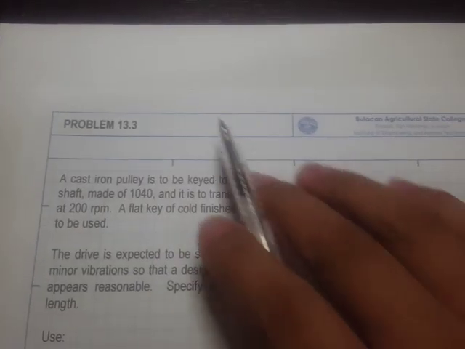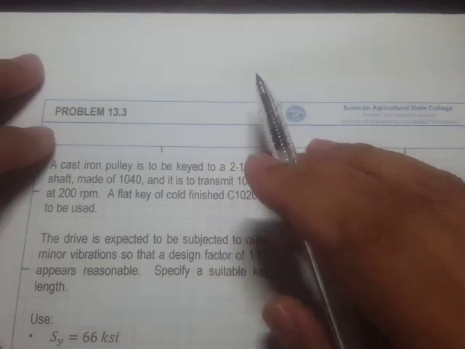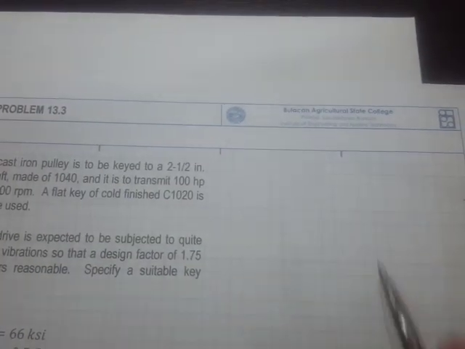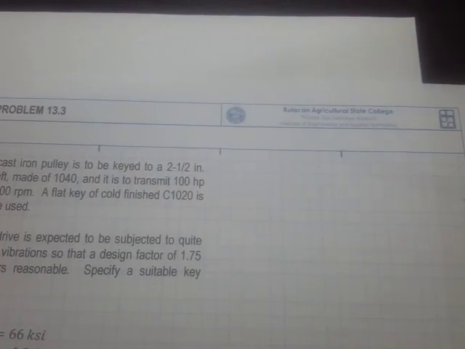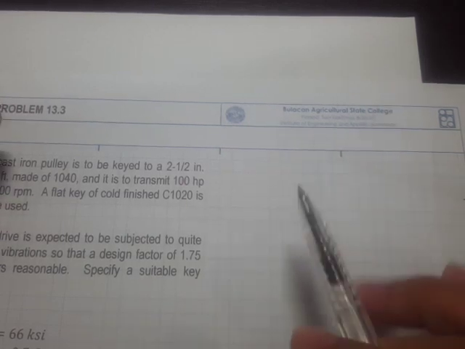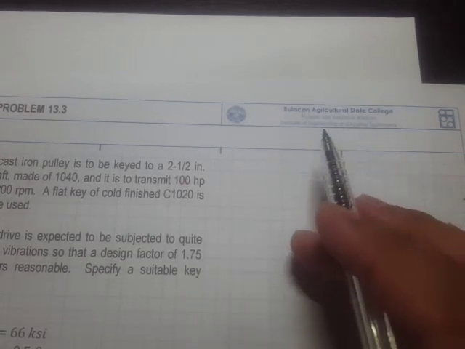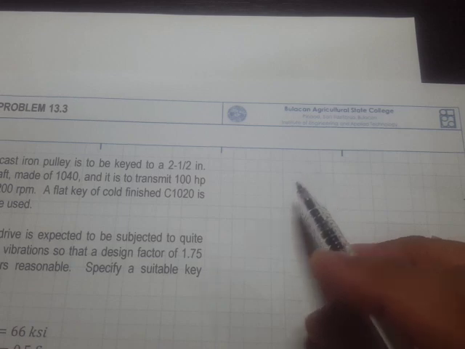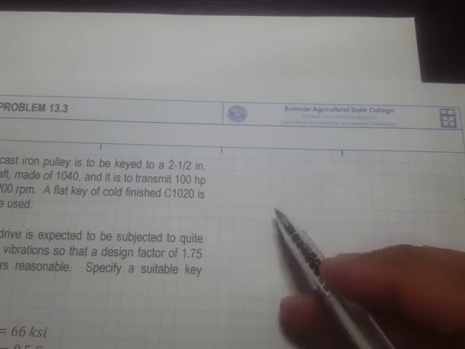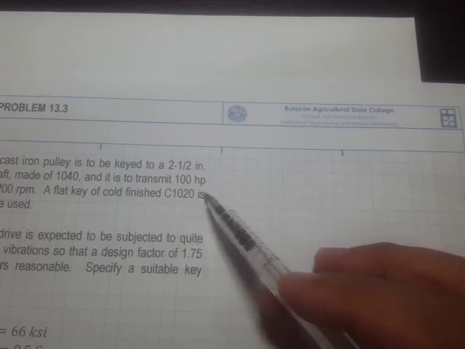And that's also the reason why in a shaft assembly wherein there's a shaft, there's a hub, and there's a shaft key, the weakest link should be the key.